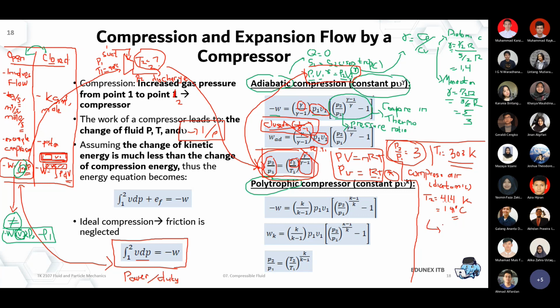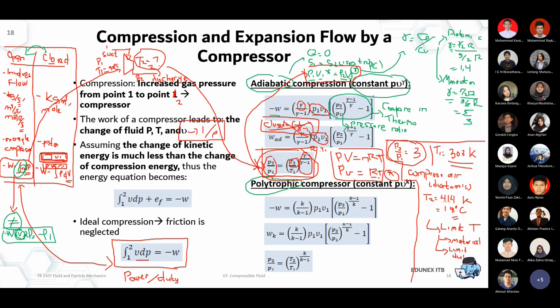We want to limit the temperature. Why? First is about the material specification. And second, and more importantly, it's about limiting the duty of the compressor, to limit the compression duty.